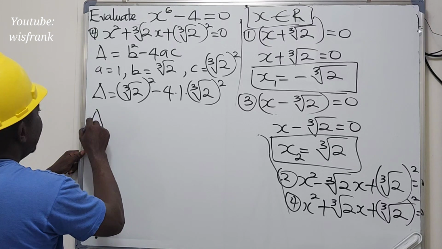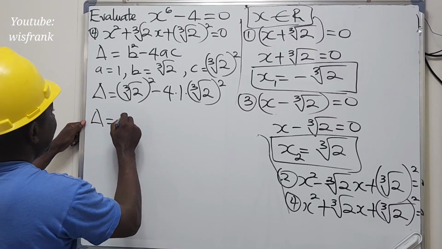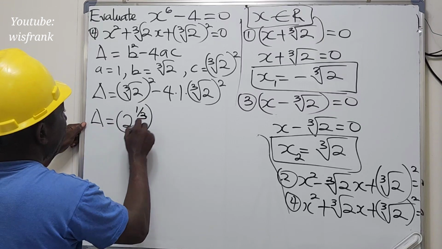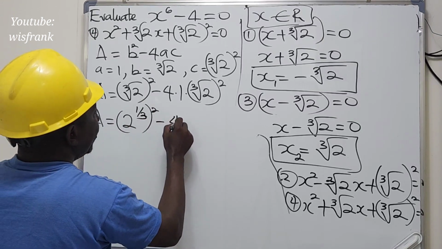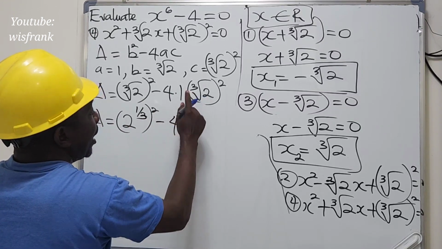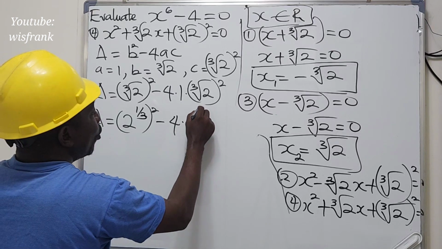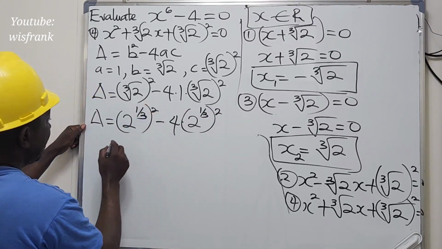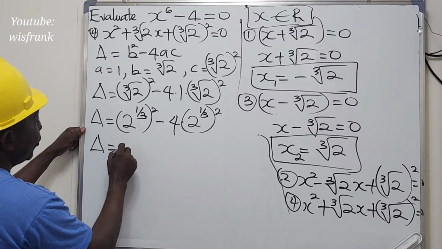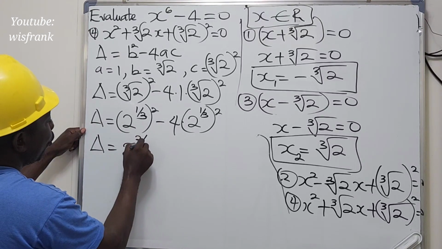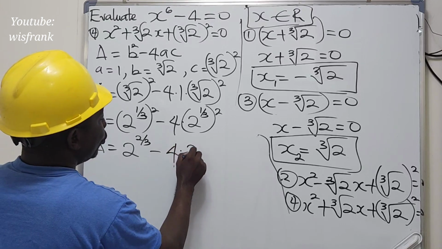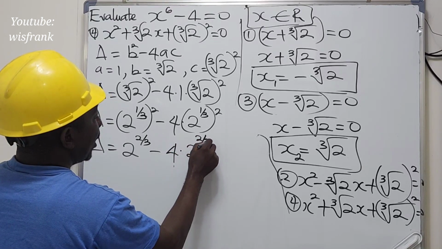So in this case, this is the same thing as 2 to the power of 1 all over 3, all to the power of 2, minus 4 times 1 times 2 to the power of 1 all over 3, all to the power of 2. So this is the same thing as discriminant equals 2 to the power of 2 all over 3 minus 4 times 2 to the power of 2 all over 3.